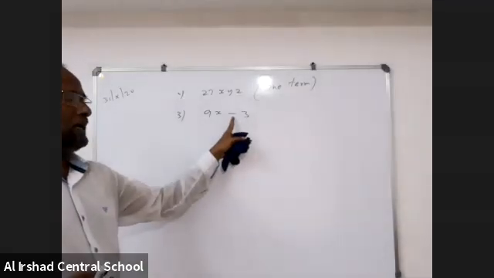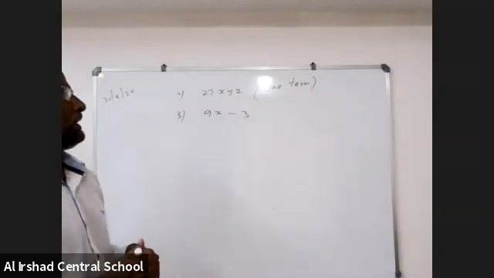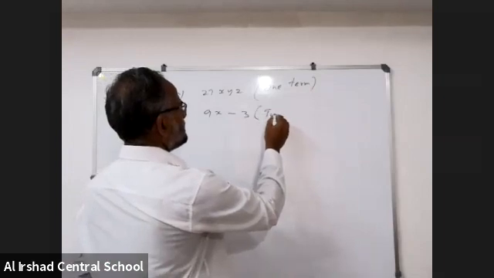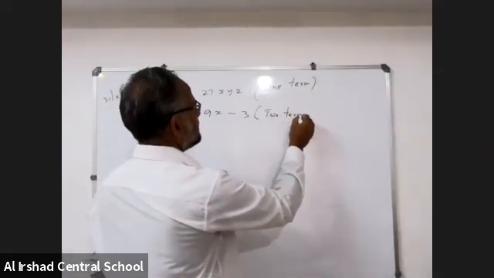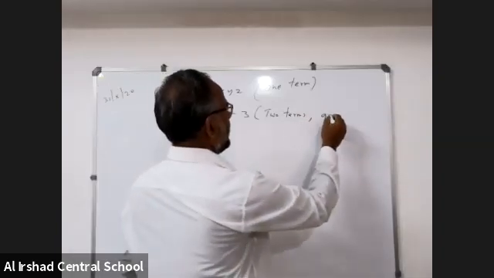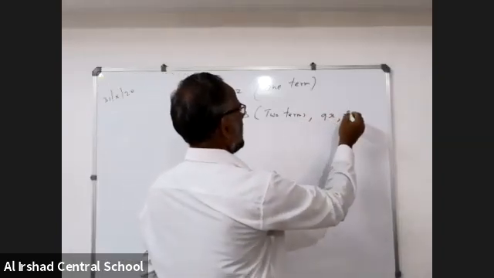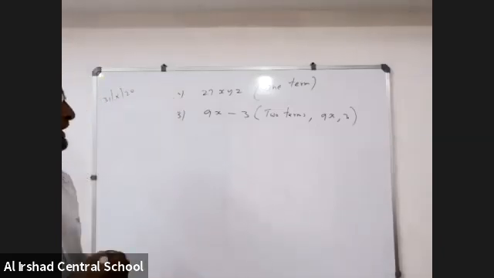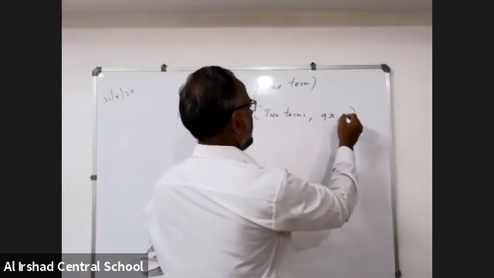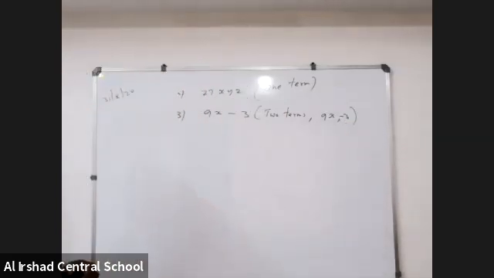Terms are separated by addition. I told you terms are separated by addition. This is here two terms. 9x and we can say minus 3 separated by addition. 9x and minus 3 are the terms.